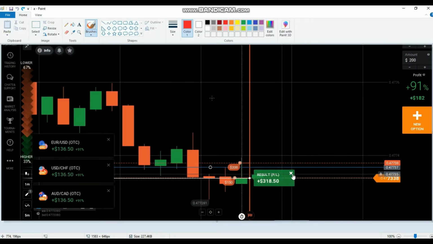We can start from here. That's why I placed a put option in this candle. Here we can see sellers are moving downside, right? The market reversed from this area, and after that strong candle sellers continued, and when the market came to this point we can see a retracement candle, right?